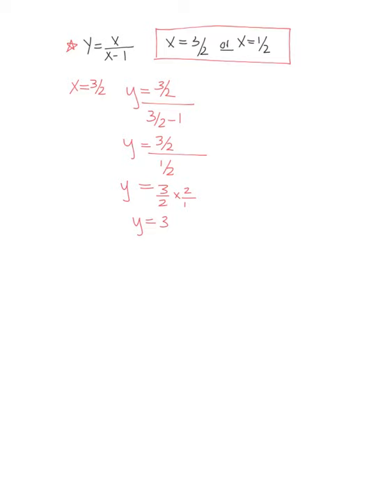And then I'm going to do the exact same thing for x equals 1/2. y is equal to 1/2 over 1/2 minus 1. Y is equal to 1/2 over negative 1/2, and then y is equal to negative 1.